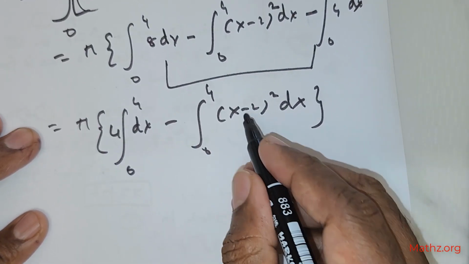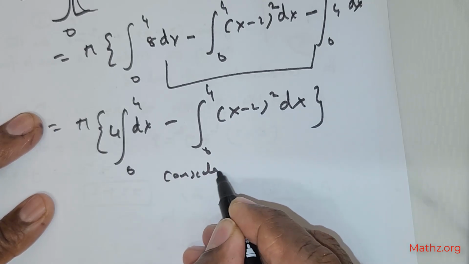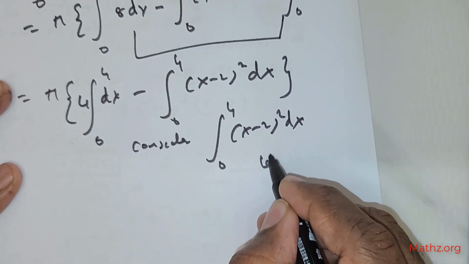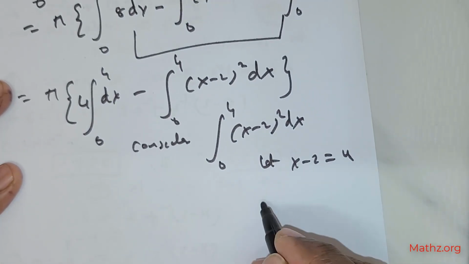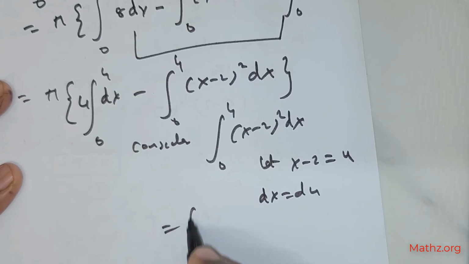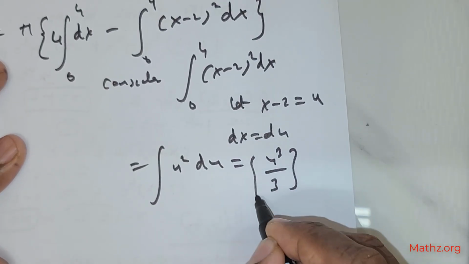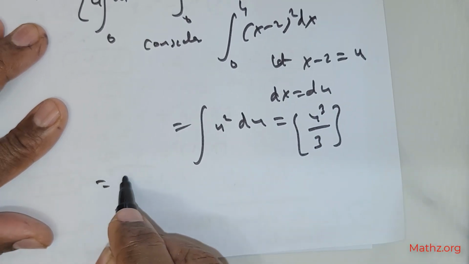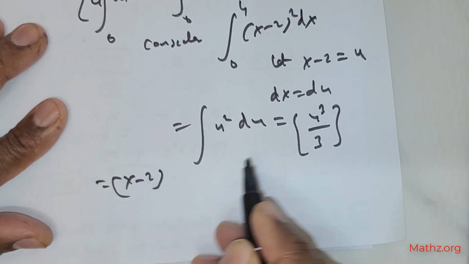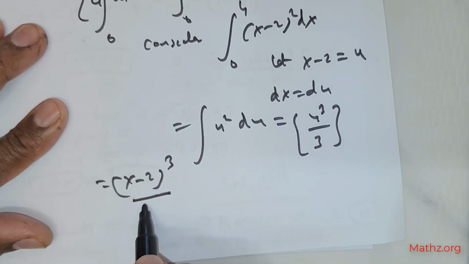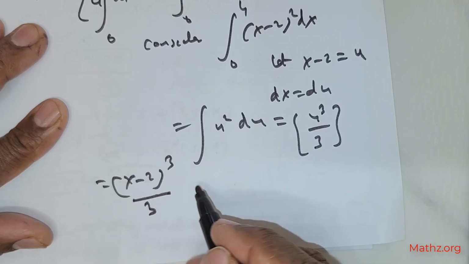Now this can be easily integrated. Now for this I'm just going to consider integral 0 to 4 of (x - 2) whole squared dx. Let x - 2 be equal to some u, so dx = du. So don't worry about the integration, just substitute and integrate. This is u raised to the power of 3 over 3, but u is x - 2, right? So (x - 2) cubed divided by 3, and now you place the limits.